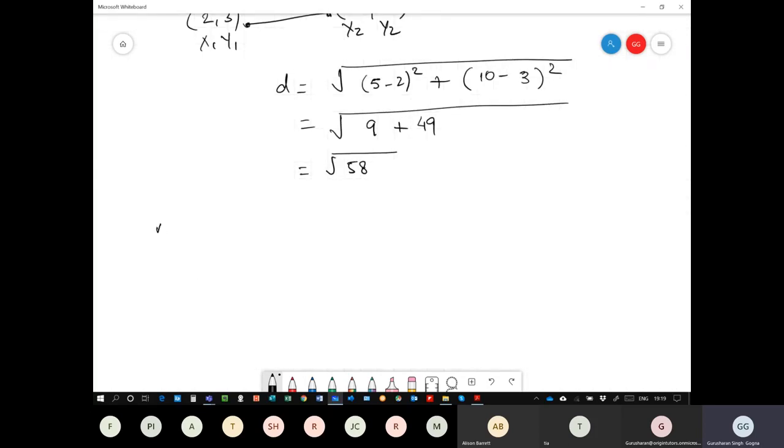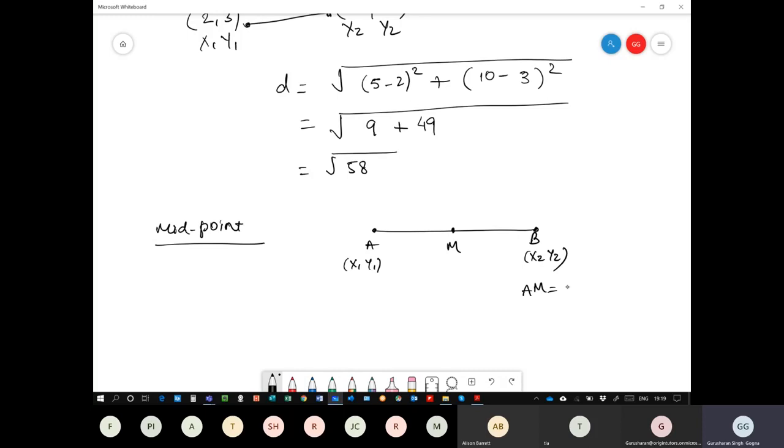Then you have another formula which is called the midpoint formula. The midpoint formula is required when you have 2 points, again x1, y1, x2, y2, and you want to find out the coordinates of the middle point. What do you mean by middle point? The middle point means the point which divides the line segment AB into two equal parts.